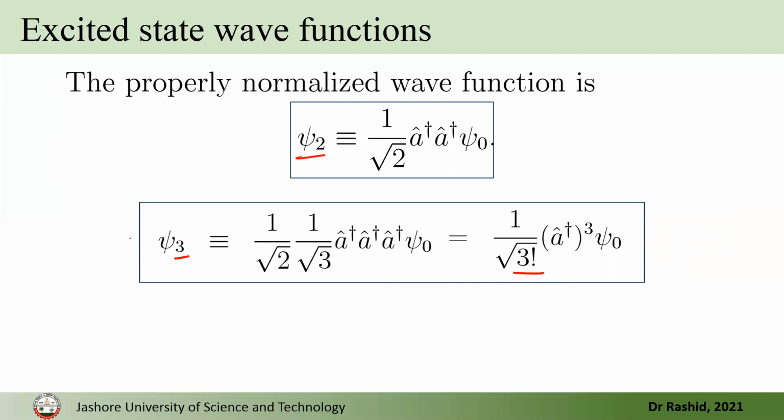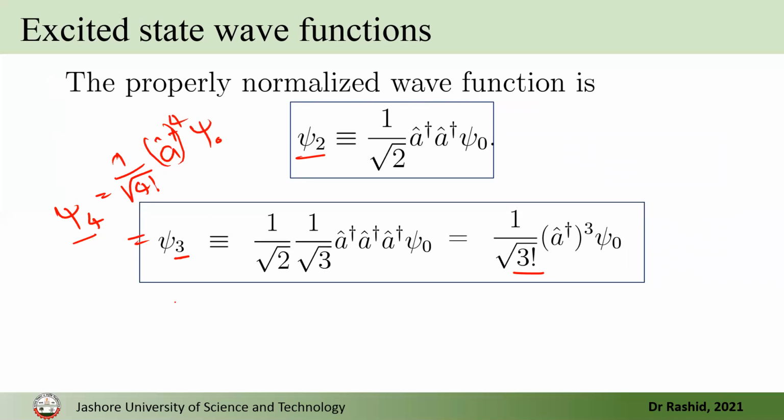So you can do this at home. You can even calculate for psi 4. Just do it the way that we do, and you will see this will become 1 by square root of 4 factorial, a hat dagger acting 4 times on psi 0.